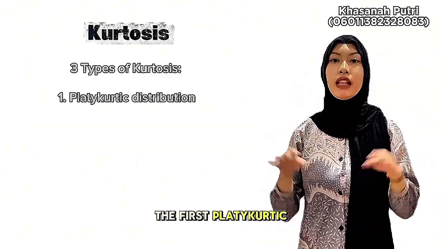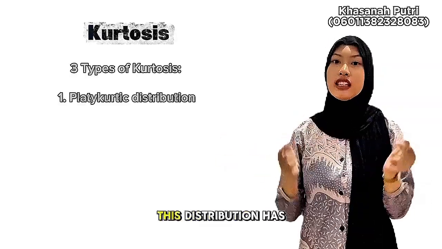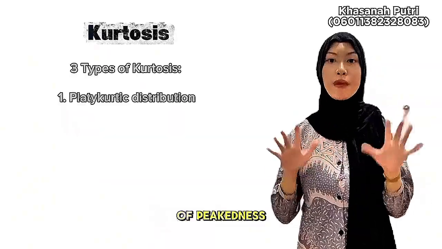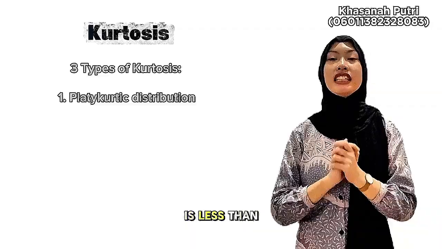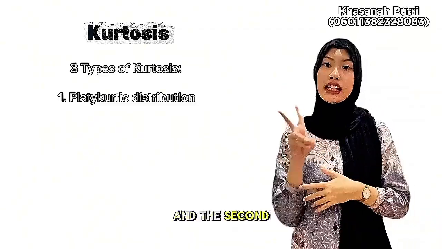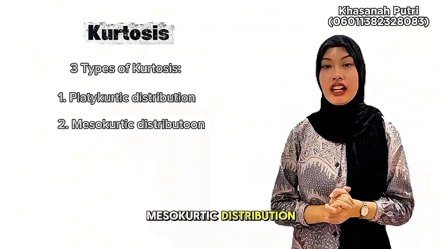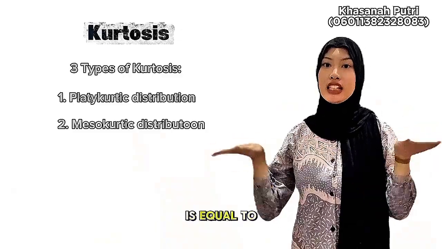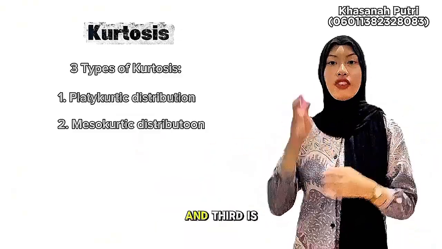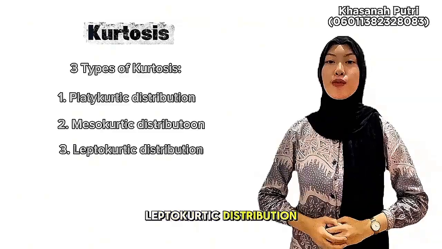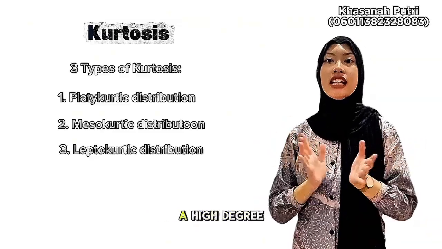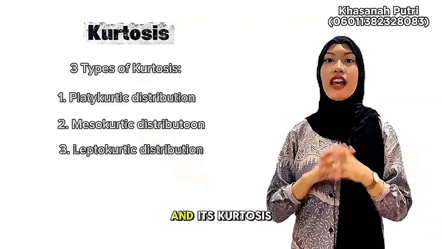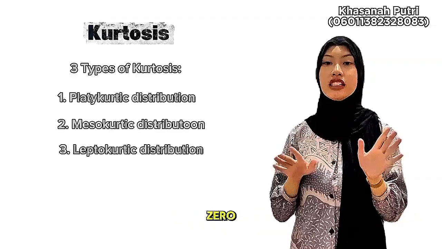The first, platykurtic distribution, has a low degree of peakedness and its kurtosis is less than 0. The second, mesokurtic distribution, is the normal distribution and its kurtosis is equal to 0. And third is leptokurtic distribution, which has a high degree of peakedness and its kurtosis is greater than 0.